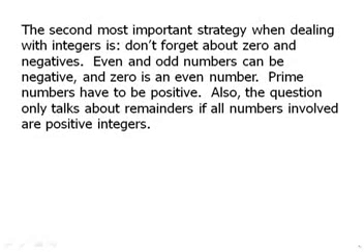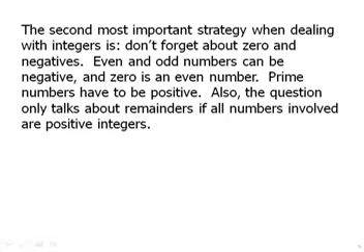The second most important strategy when dealing with integers is don't forget about zeros and negatives. People sometimes just get positive happy. They hear the word number and they think, oh, number has to be 1, 2, 3, 4, 5, numbers like that. They forget about negatives, they forget about zero, fractions, decimals, etc. You always have to think about all possible categories of numbers. So even if you're told it's an integer, it could be 0, it could be negative.